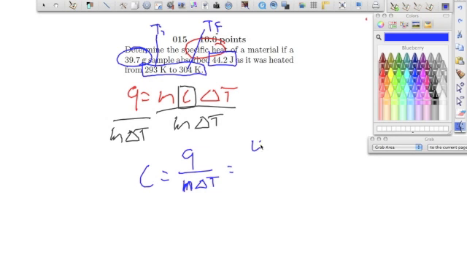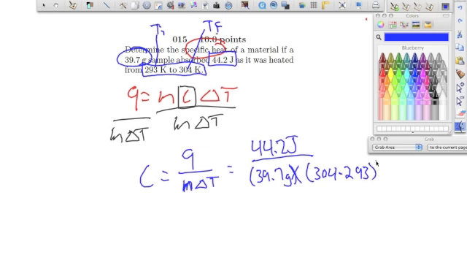I have my 44.2 joules, all divided by my mass, which is 39.7 grams, multiplied by my change in temperature, which is going to be 304 minus 293, and close everything off, and go ahead and plug that into a calculator.